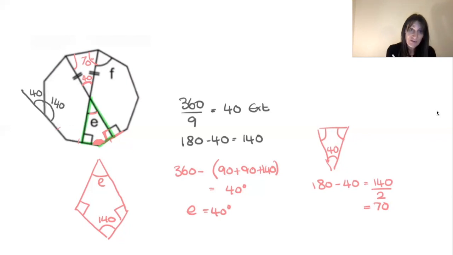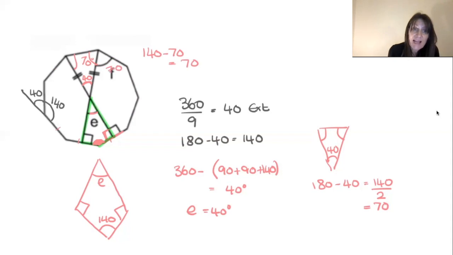So I've got enough information now to help me find F. F here and the 70 here, they make together the interior angle, which is 140. 140 take away the 70 is going to give me 70.